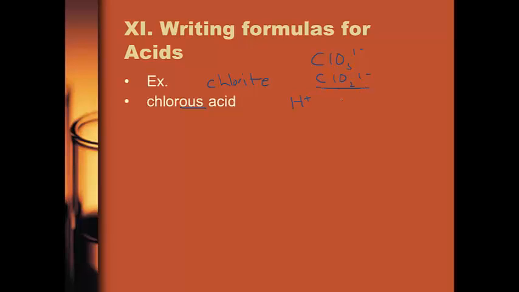The anion is ClO2, 1-. Put them together. This is going to be HClO2. And don't forget, put in (aq) at the end. Hydrocyanic acid.